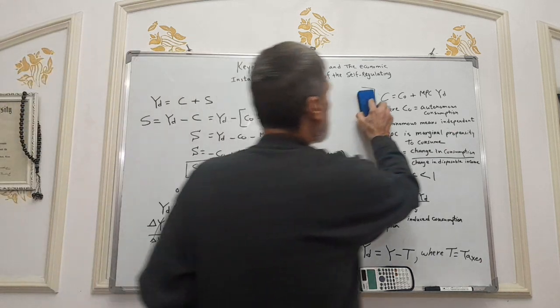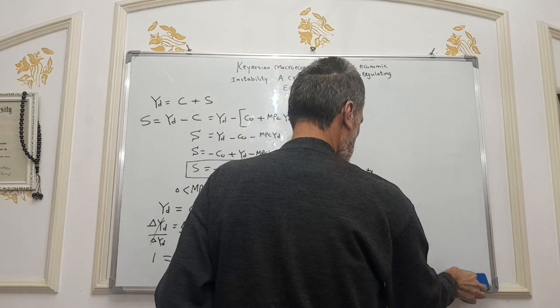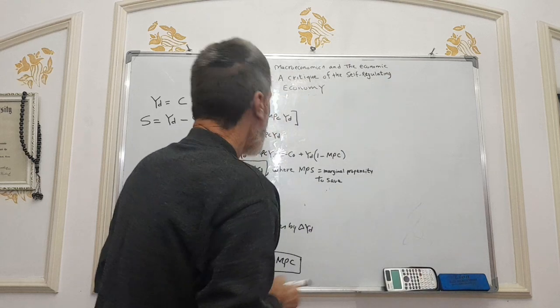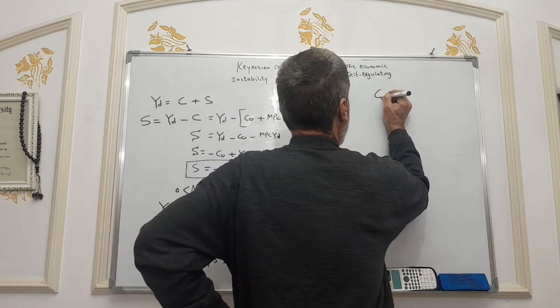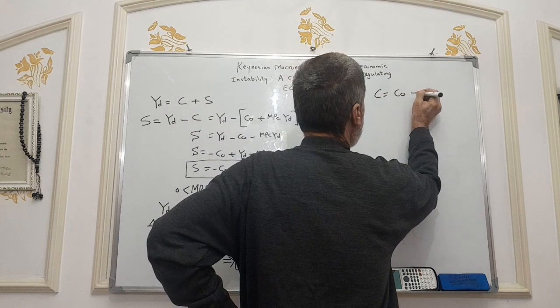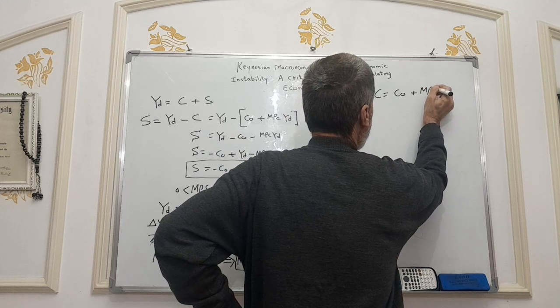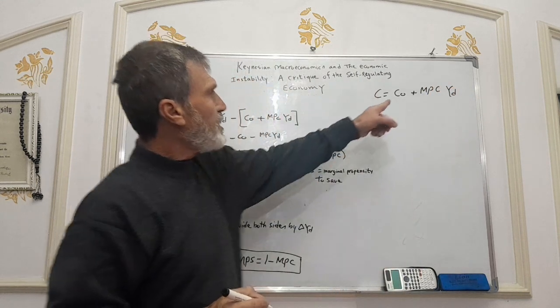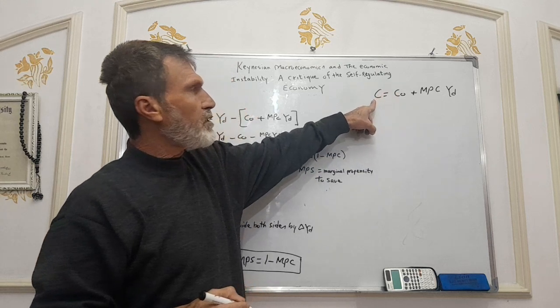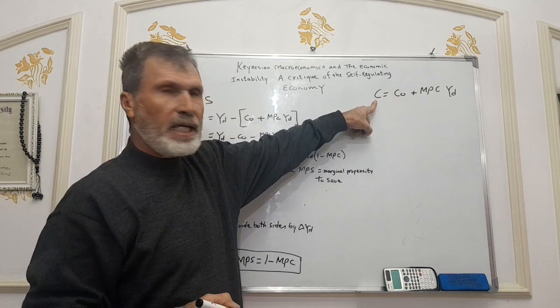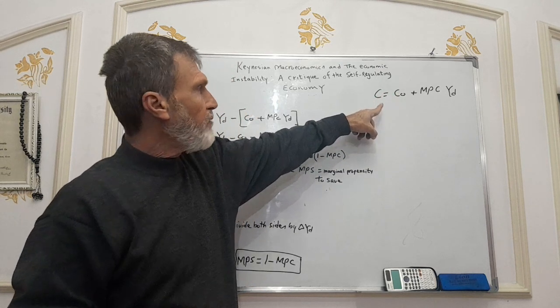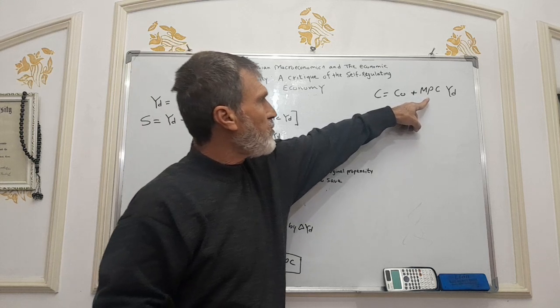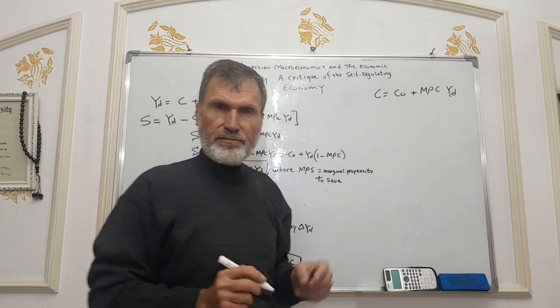Now, as you can see, C is equal to C0 plus MPC YD. We have 3 variables in the consumption function. C will change if any one of those variables changes.